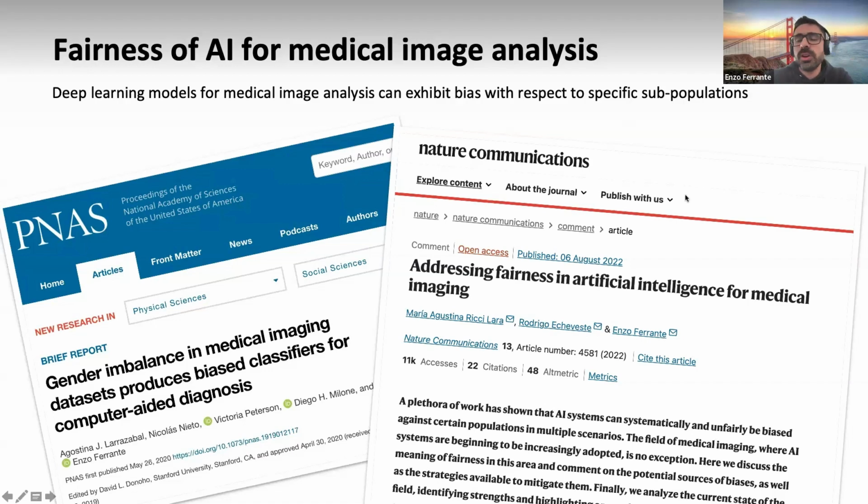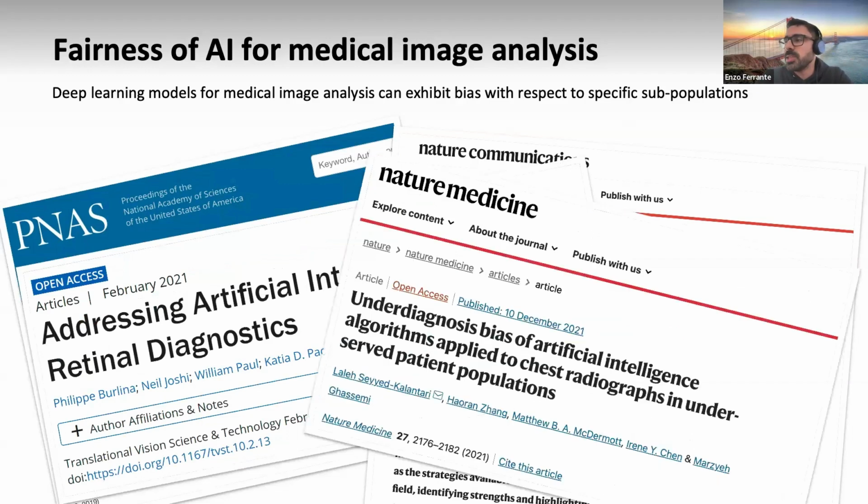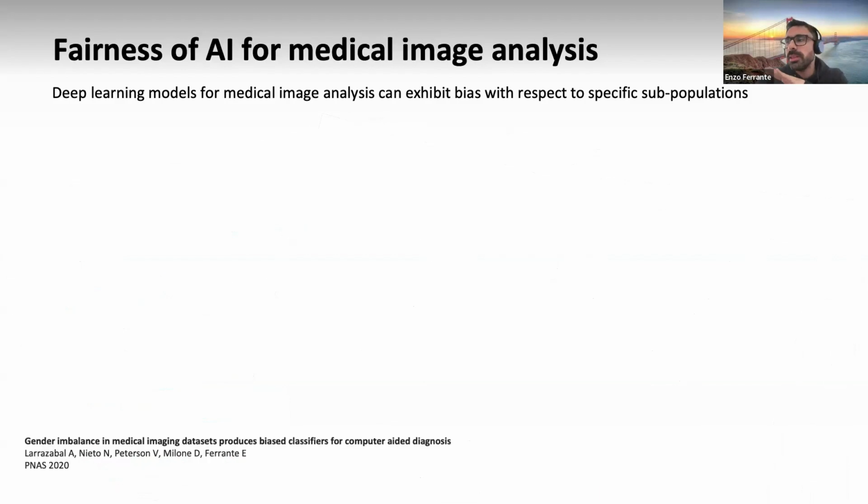And all this discussion on what it means to be fair in the context of medical imaging is in this paper in Nature Comms that we published a few years ago as well, and you can go and check it if you're interested. But of course, we were not the only ones talking about that. Actually, many people were discussing fairness of AI in medical imaging, and there was this paper that caught my attention a couple of years ago from Andy King from King's College and Esther Pujol, and they showed that this type of imbalances in the training dataset may not only affect classification systems, but also segmentation systems.